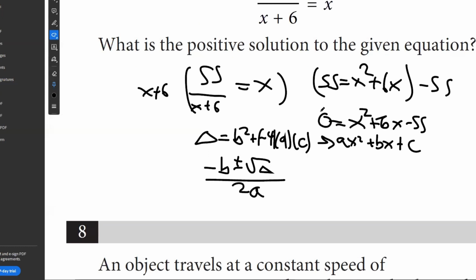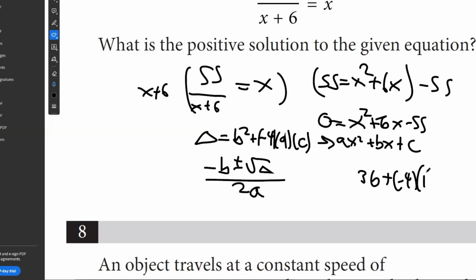It's so easy. So let's start with finding our delta, and then we're going to plug our values into our quadratic root formula. Delta is equal to b squared, which is 6 squared, so it's 36, plus negative 4 times a.